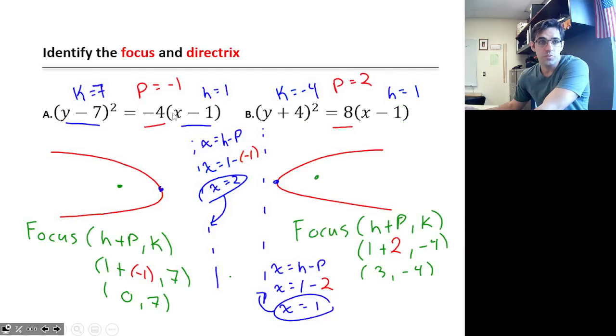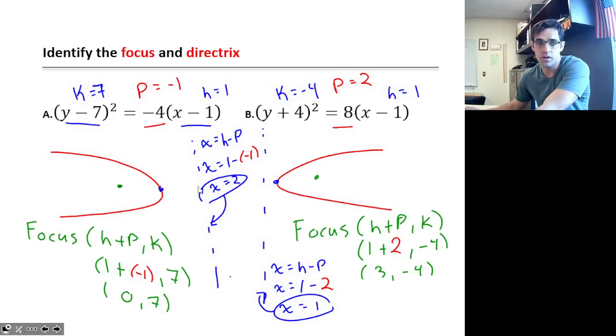Here are 2 examples with y squared. The first one has a negative p-value, so it's going to open left. The second one has a positive p-value, so it's going to open right. Our p-value is 1, so I know my focus is to the left of the vertex, so I'm just going to subtract 1 from the h value, and I'll get the point of the focus.